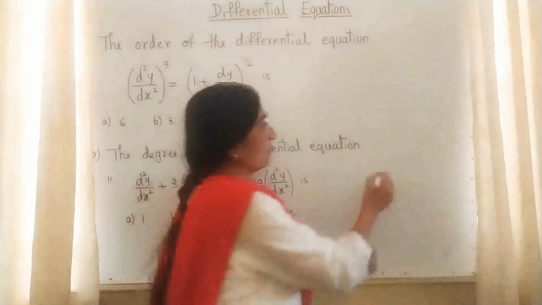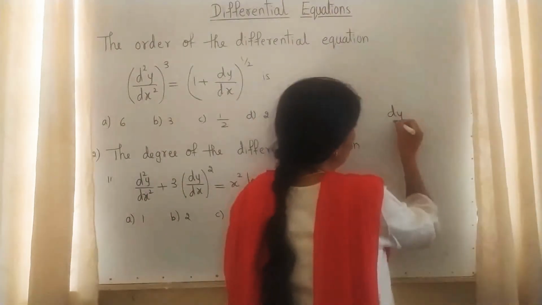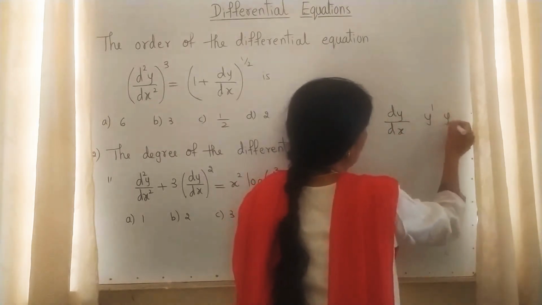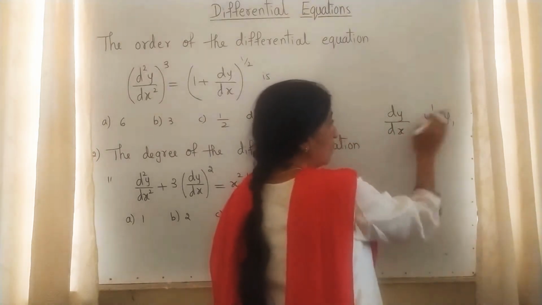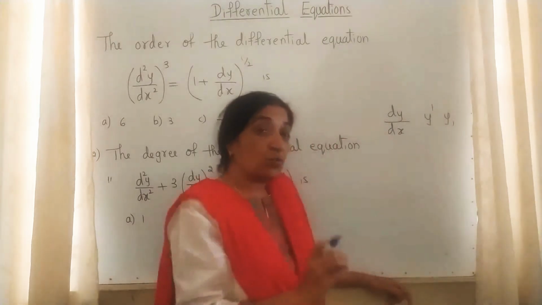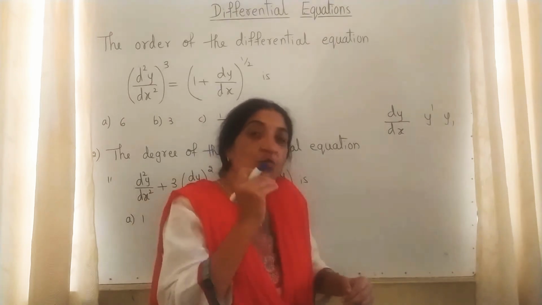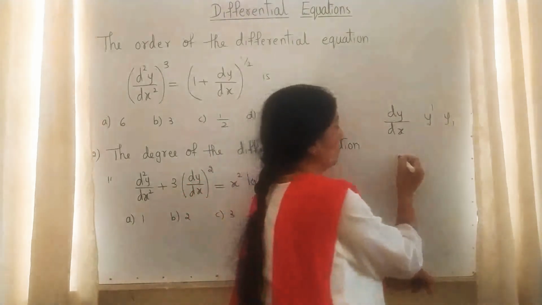Order means what? If you differentiate once, you get dy upon dx, or it is written as y dash. These are the symbols for a first derivative. Listen carefully. First derivative means one time differentiation.